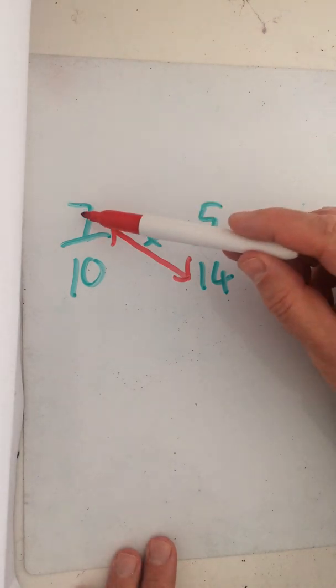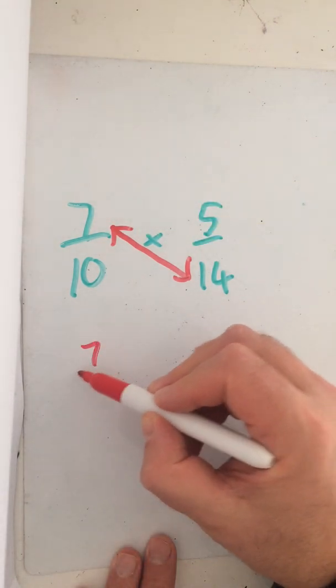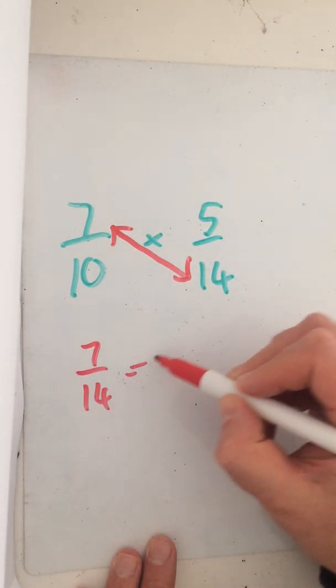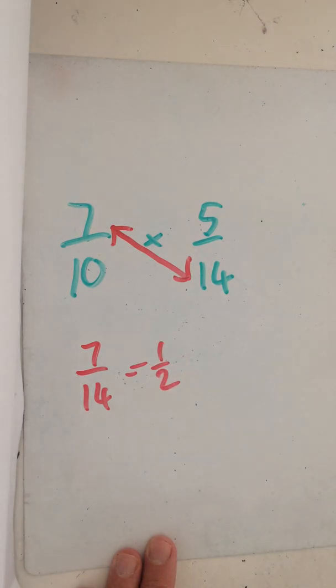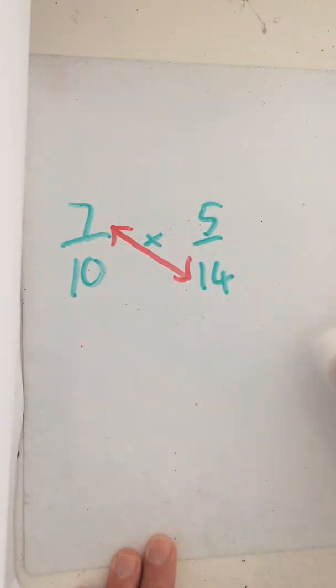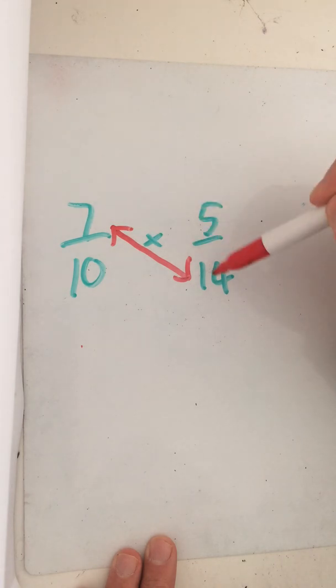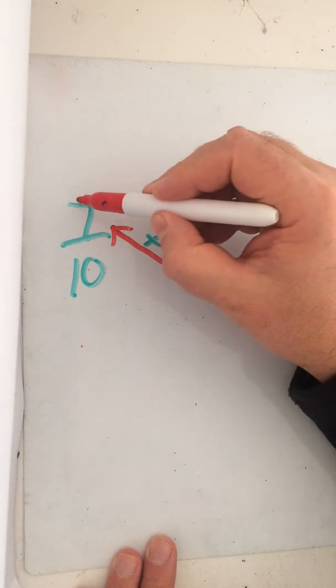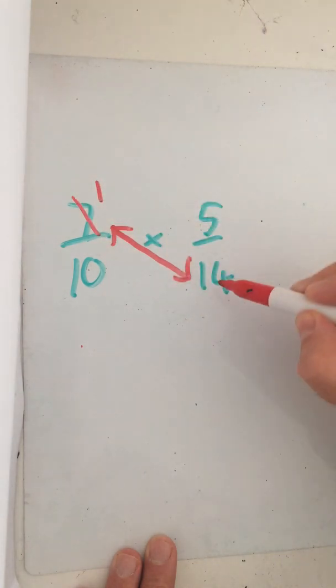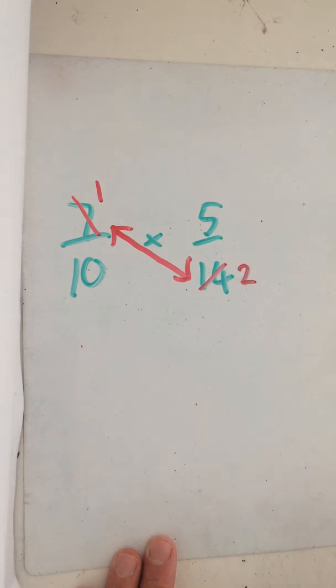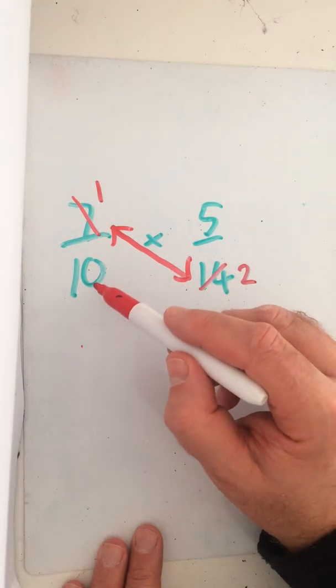Okay, so that means I can simplify this. It's a bit like saying, can you simplify 7/14? And that would be a half, isn't it? Okay, so I'm going to simplify that. What goes into both 7 and 14? 7, okay, goes into that once, into that twice. Oh, I must have made a mistake on the last one.